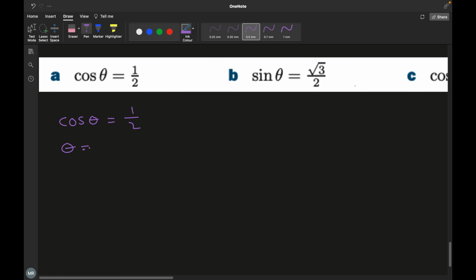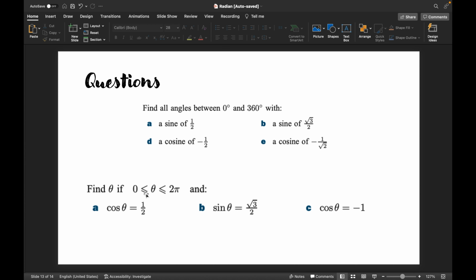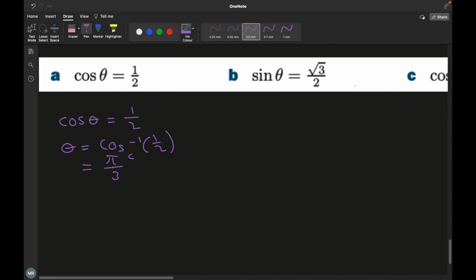So theta will be cos inverse of 1 divided by 2, which is 60 degrees or pi by 3 radians. We have to write this in terms of radians because the range that they have given us, the domain, is in radians. So therefore, one of the answers is pi by 3.